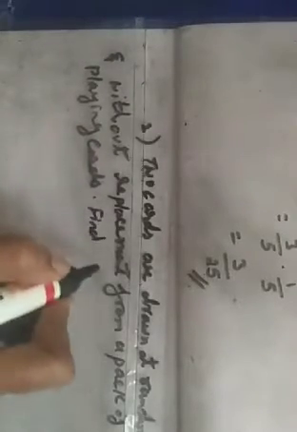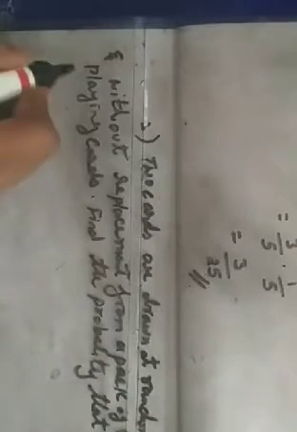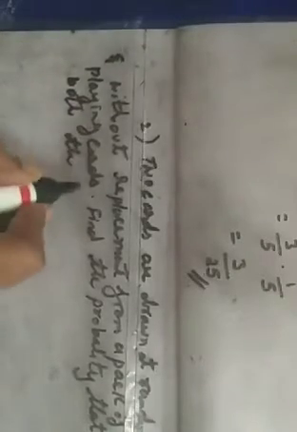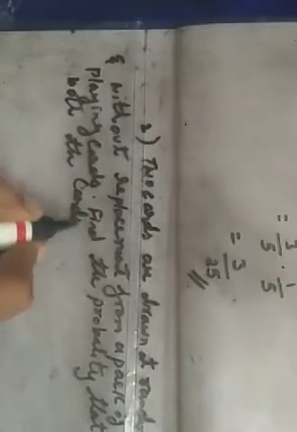Find the probability that both the cards are black. This is the given question.